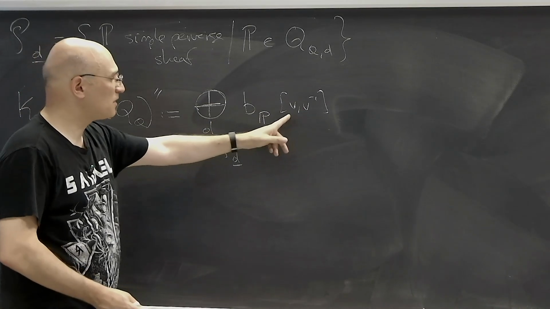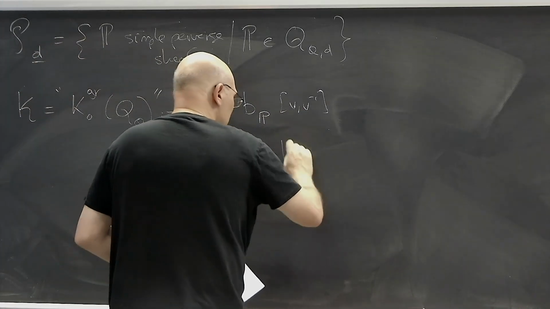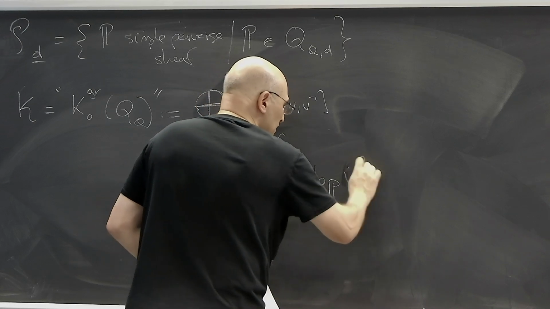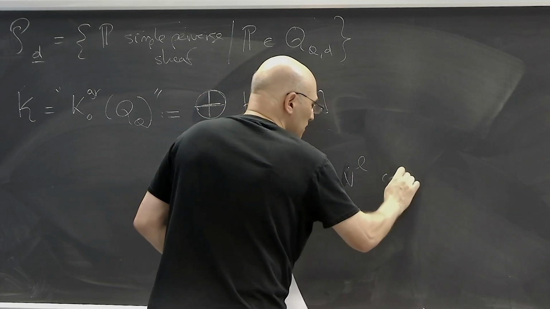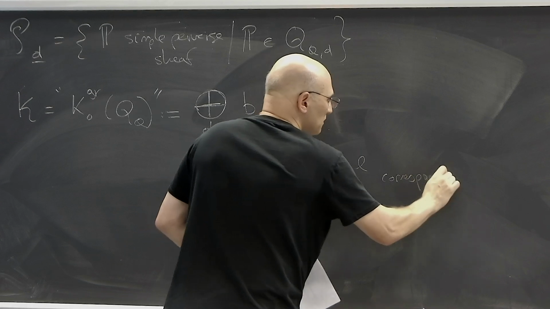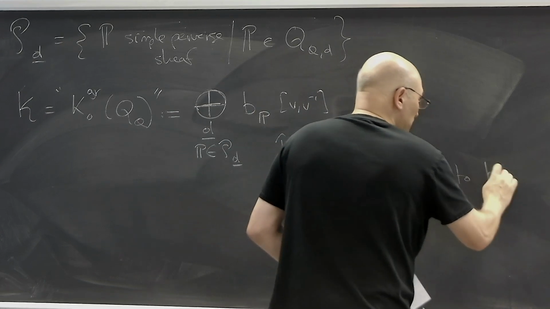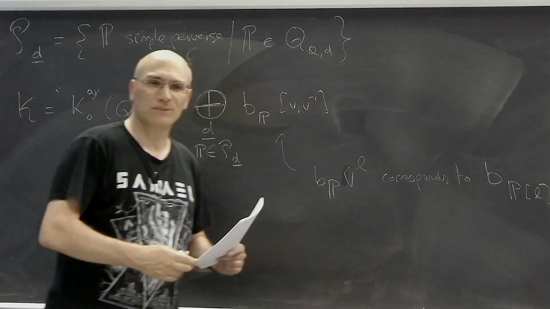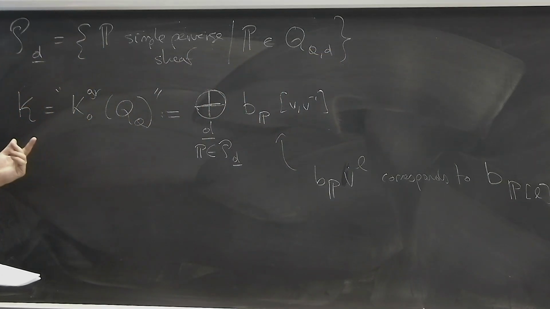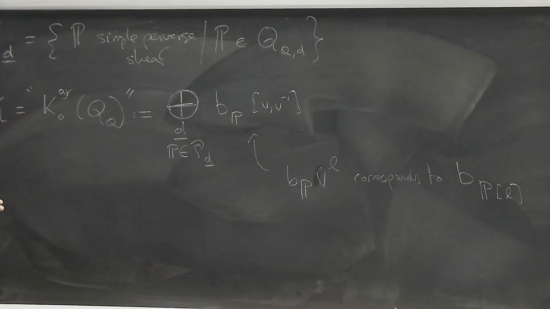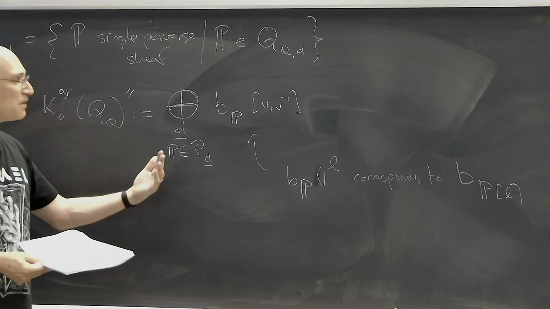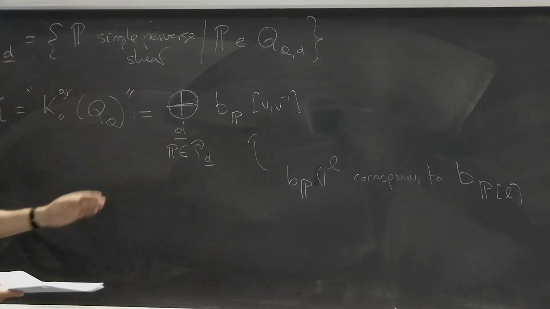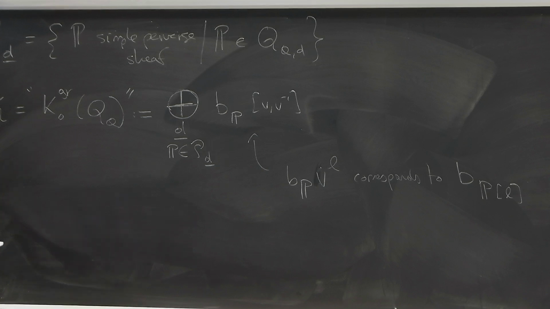Okay, so BP V to the L corresponds to B of P shifted by L. If you want to view it as a Grothendieck group, whenever I shift, I don't multiply by minus 1, I multiply by V. So it's like a V version of the Grothendieck group.